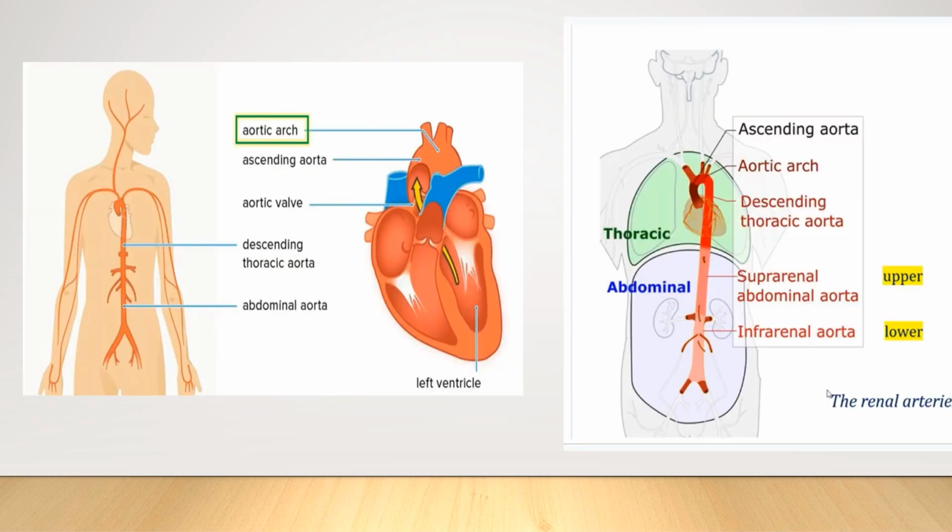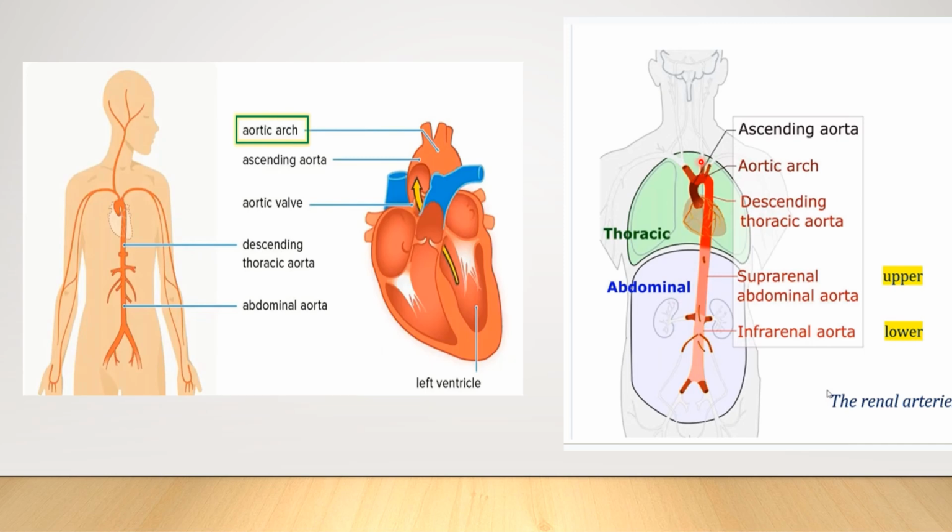When you are studying this particular topic, you must know the aorta and the parts of the aorta. So if you see this particular, the big vessel is called as aorta. It begins with the left ventricle and it ascends up, and then this particular arch like thing is called as aortic arch.